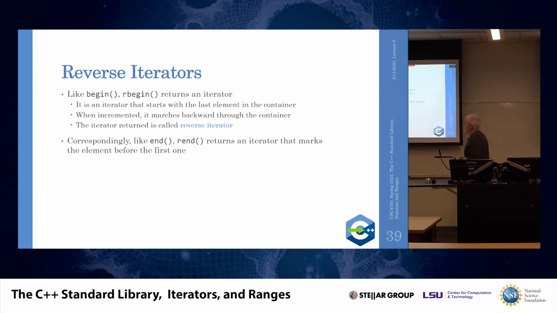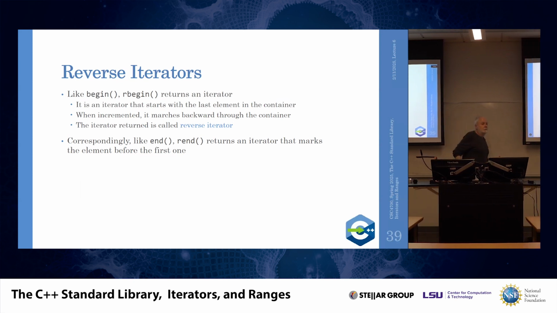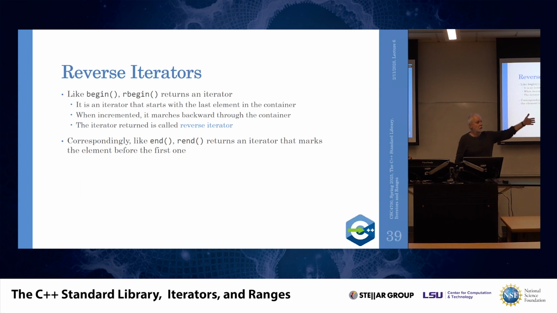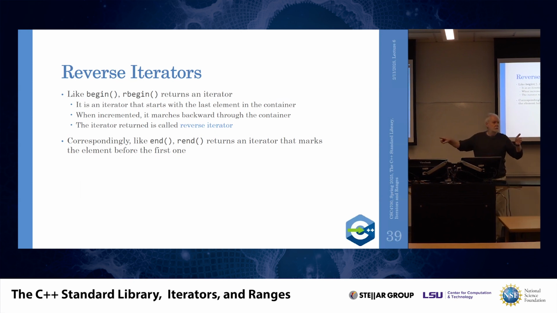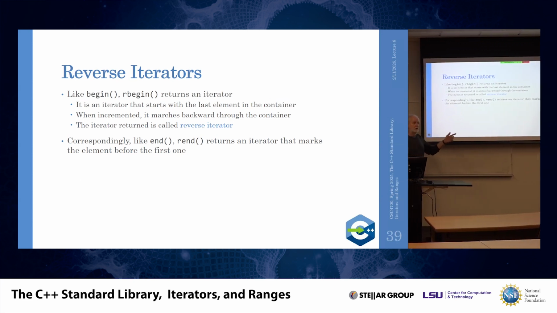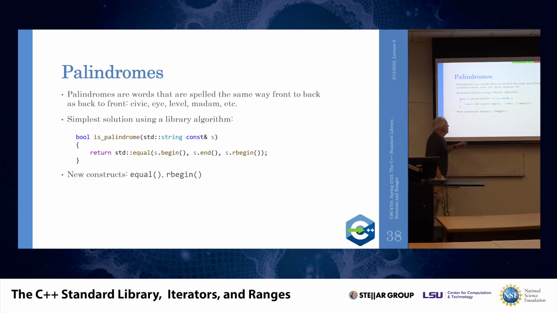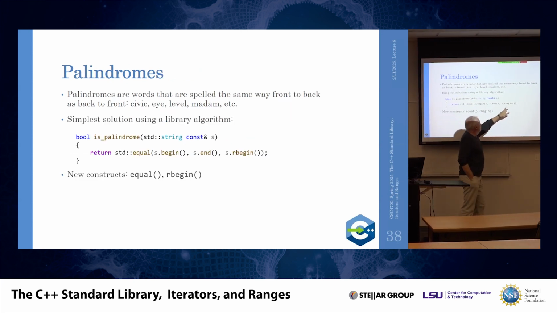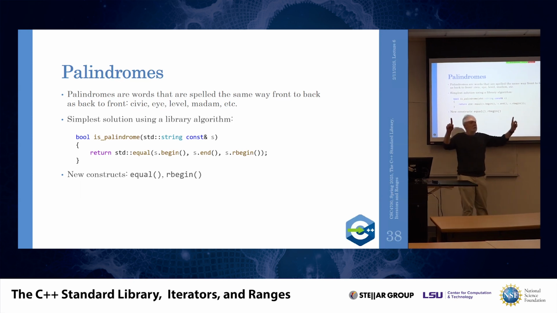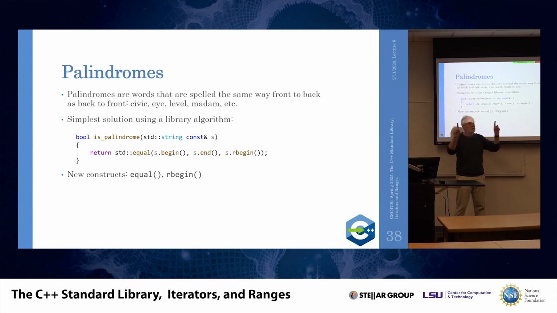So what is rbegin all about? rbegin gives us an iterator that points to the last element, and when I increment it, it will go backwards through the sequence. It's a reverse iterator. It does the opposite thing. So the code we had here essentially starts at sbegin and at rbegin, which is at the end, and will compare characters as you go, and will tell you whether these characters match.